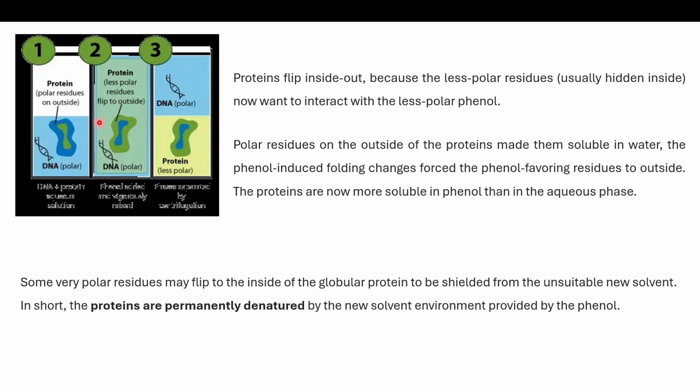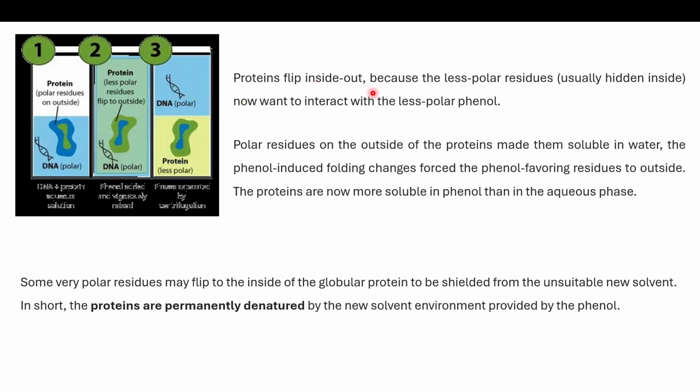Now, whenever the environment becomes less polar, the less polar residues which were hidden inside are flipped outside, and eventually the protein is denatured. It tries to stay in the non-polar or less polar organic phase, which is the phenol layer, and DNA happily stays in the aqueous layer. So the proteins are separated from the DNA molecules.